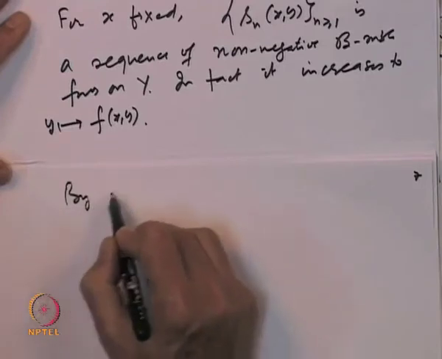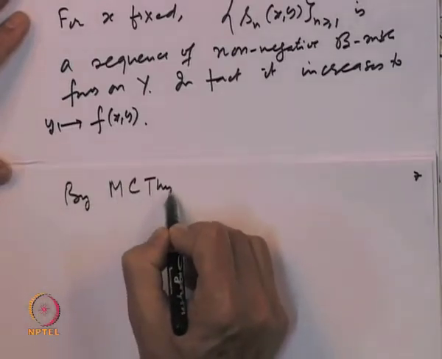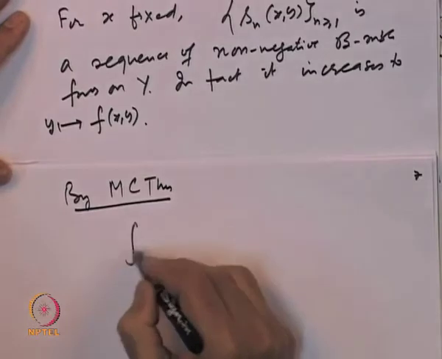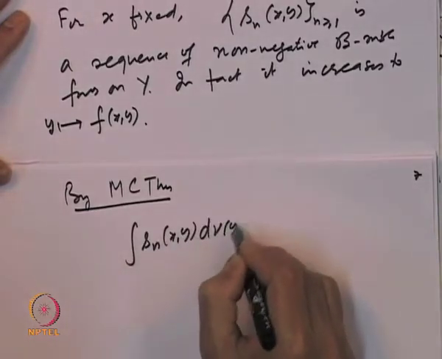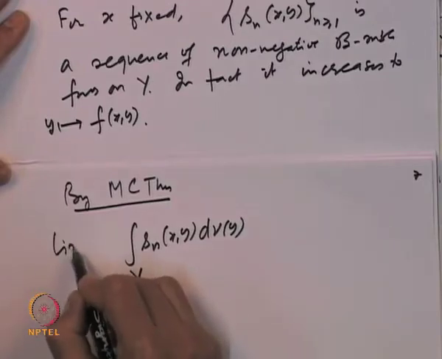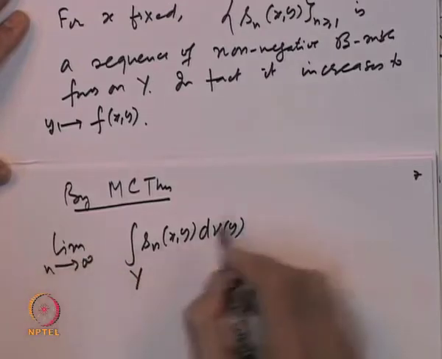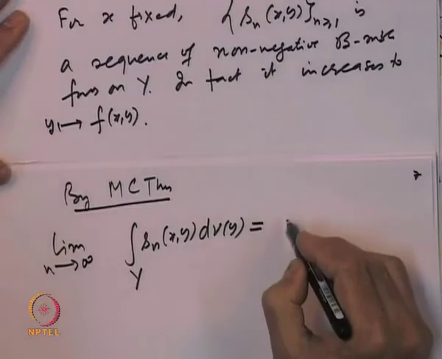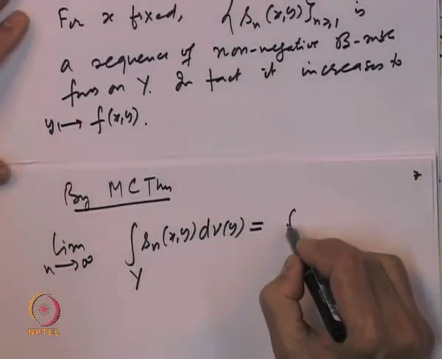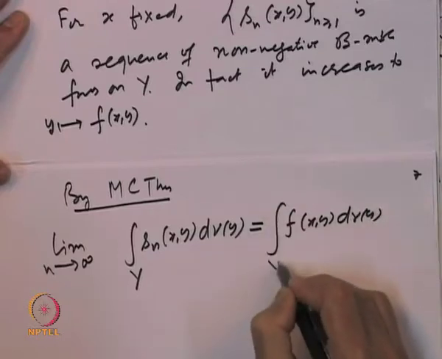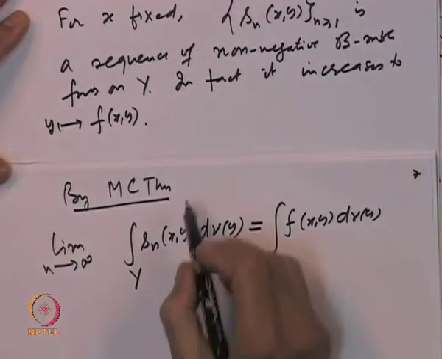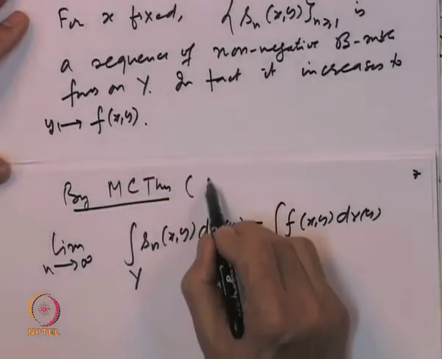So, by the monotone convergence theorem, the limit of the integrals of S n of x, y d nu y over y must be equal to the integral of f of x, y with respect to d nu y. Of course, for every x fixed.